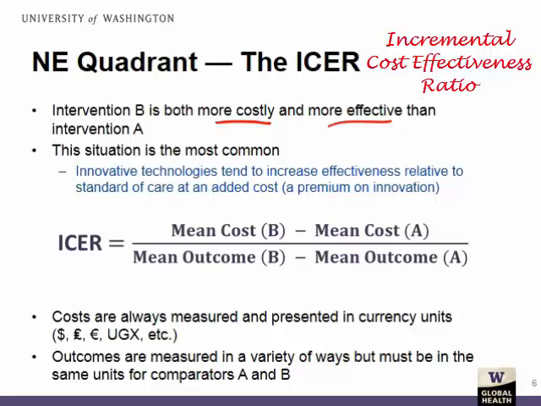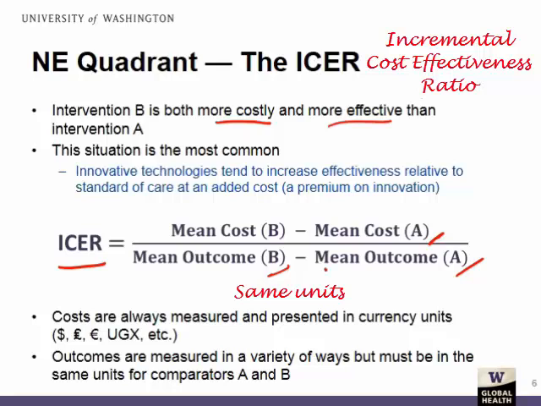benefit. So the ICER is the mean cost of intervention B minus the mean cost of intervention A, over the mean outcome of intervention B minus the mean outcome of intervention A. And these outcomes will depend on how you define the method of economic evaluation. But the important thing is that these outcomes must be in the same units.